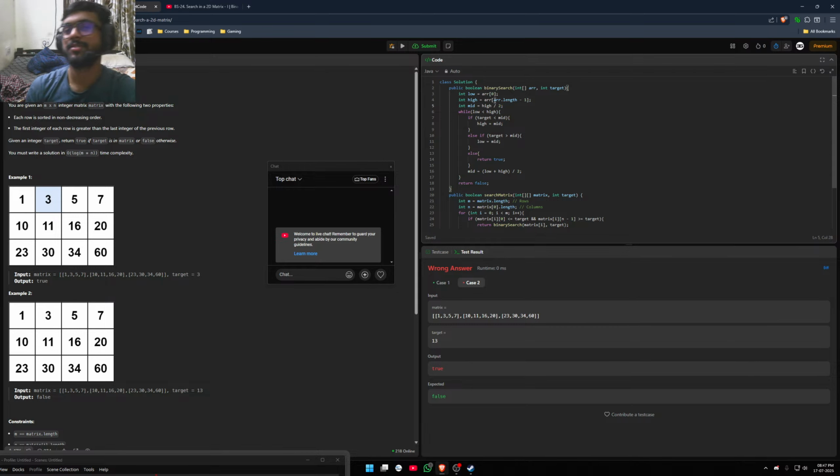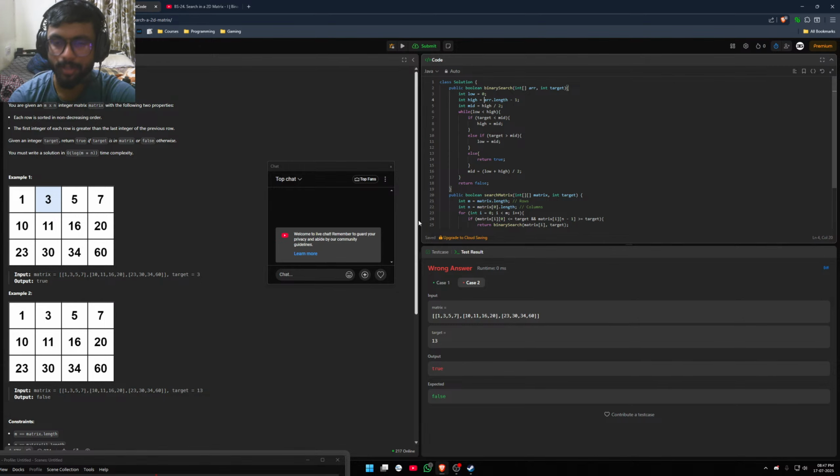Wait, one minute. We shouldn't take the values, I think. That is the issue, I think. Low and high are indices: high is array length minus 1, which is the last element index, and mid is integer of high by 2.